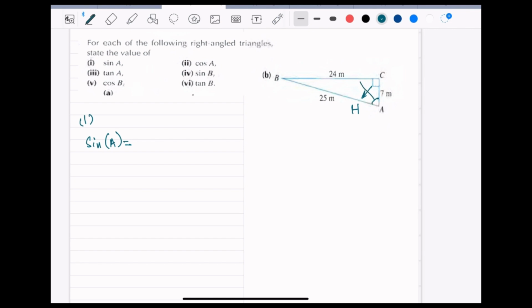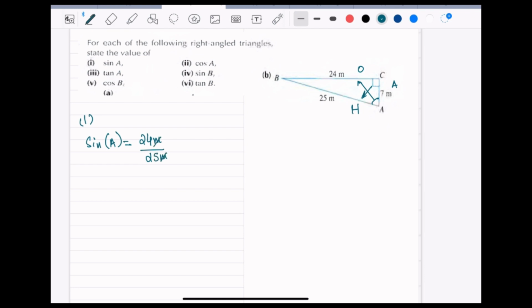The opposite side is this, we can say opposite with respect to A, and this is adjacent with respect to A. So opposite over hypotenuse. So sine of angle A, opposite is 24 meters over hypotenuse, which is 25 meters.